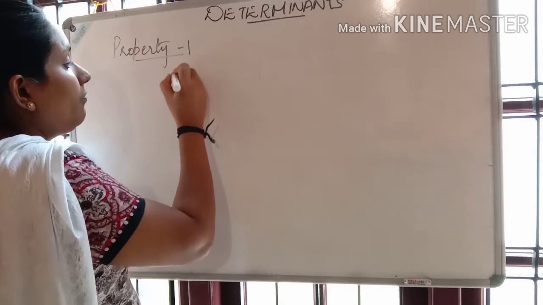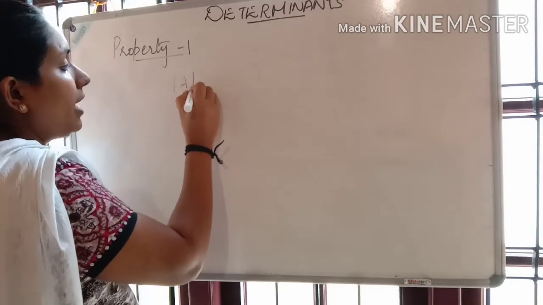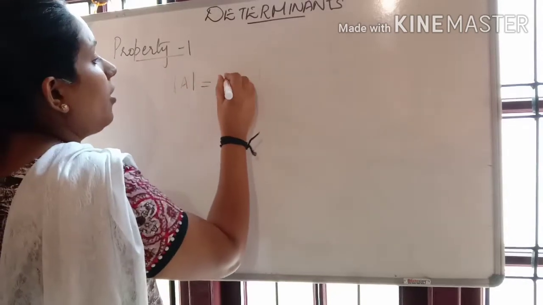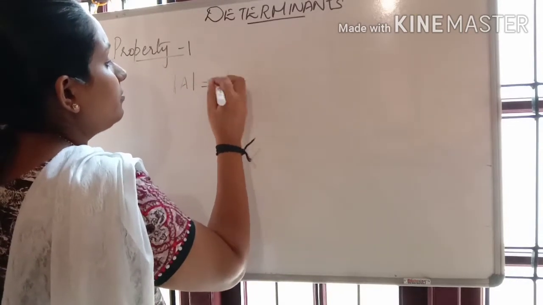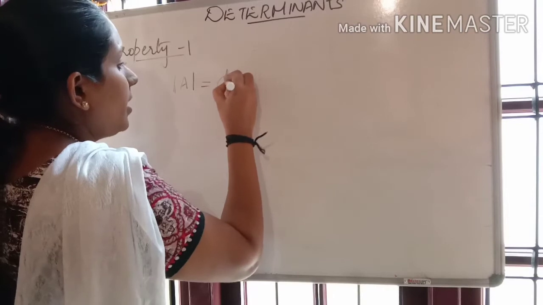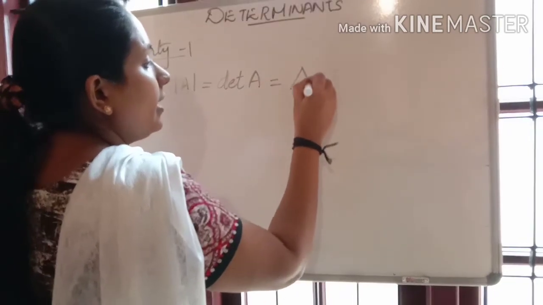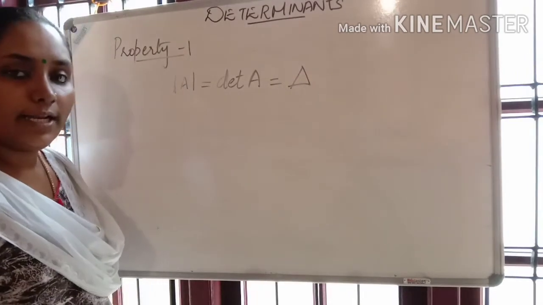If we are finding out the determinant of A, just write it as determinant of A or delta. Okay, all clear?